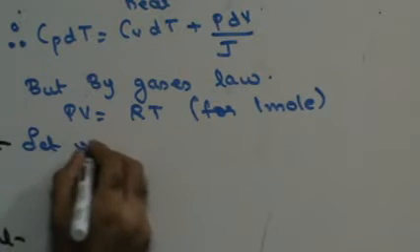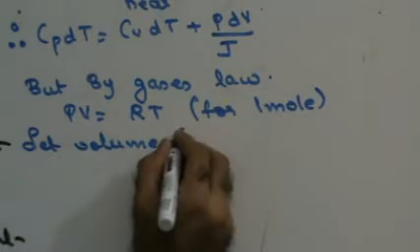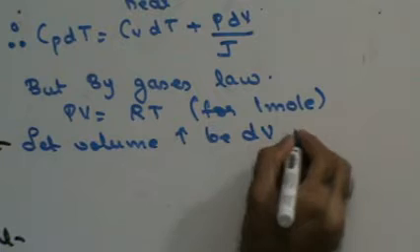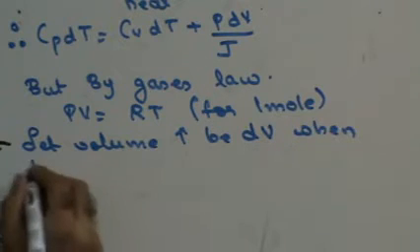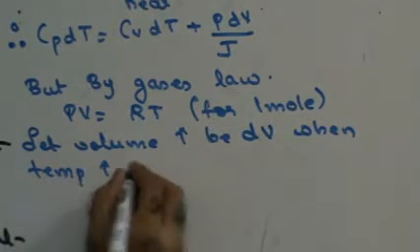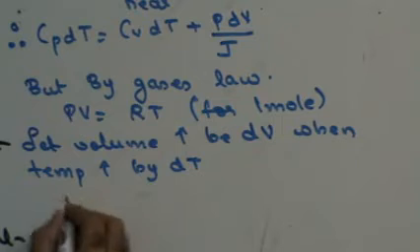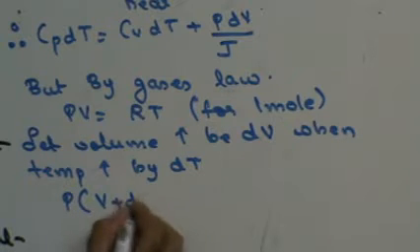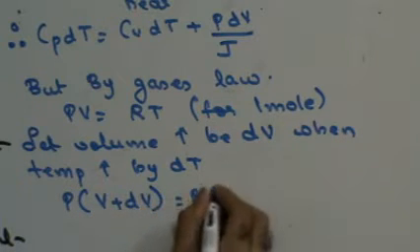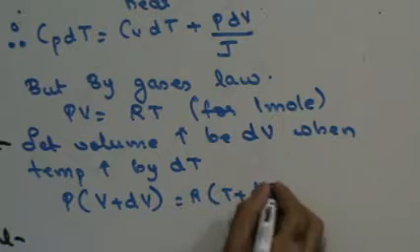So I'll get P(V plus dV), that will be the new volume, is R(T plus dt).